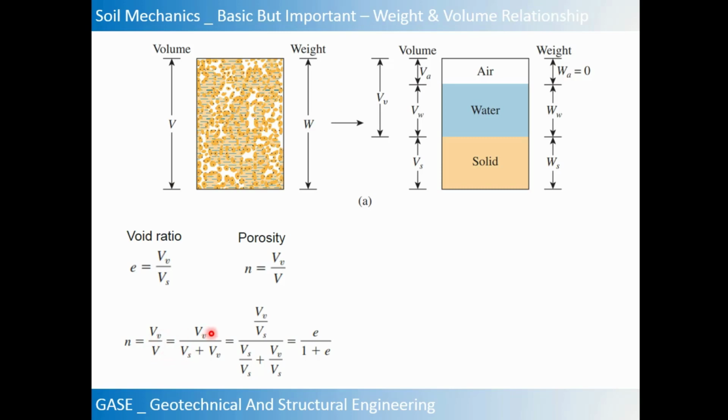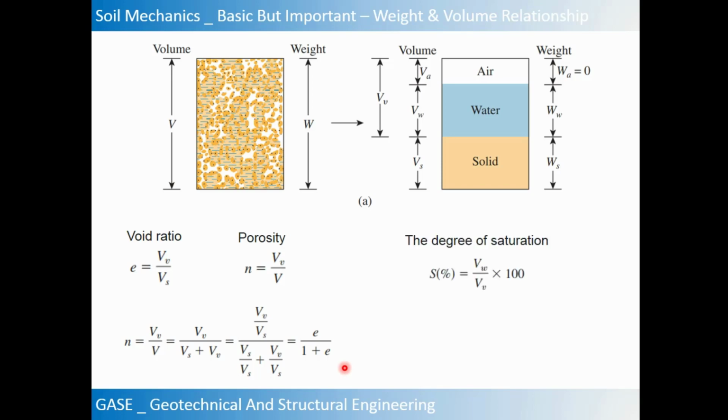And we have here the total volume is equal to the volume of the soil plus the volume of the void. And we have the final result. This is the relationship between the n and the e. The n is the porosity and the e is the void ratio.